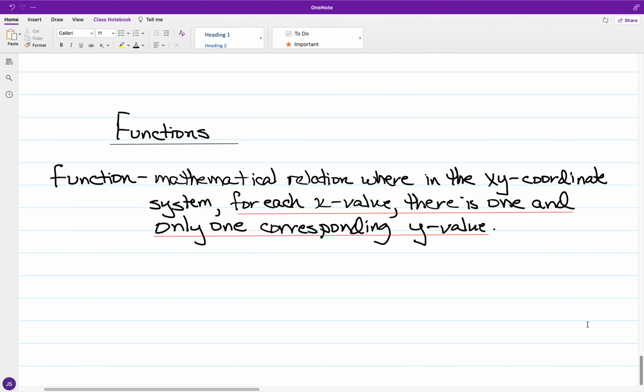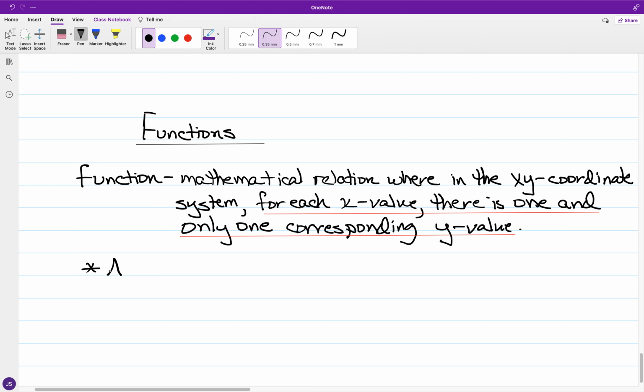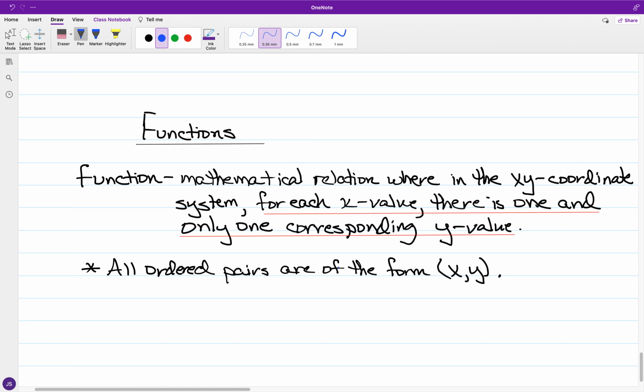And just providing a little bit of a backdrop, for the XY coordinate system, each point is identified as an ordered pair, and all ordered pairs are of the form (x, y). Again, for each x value, there is one and only one corresponding y value.